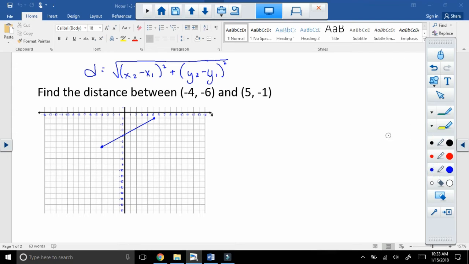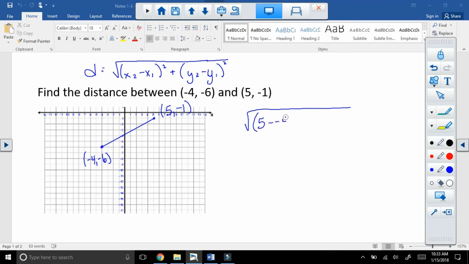So what I'm doing is I want to find the distance between those x values. So those x values are -4 and +5. You may just be able to tell that the distance between those is 9. Just in case you can't tell, I'm still going to write this out.